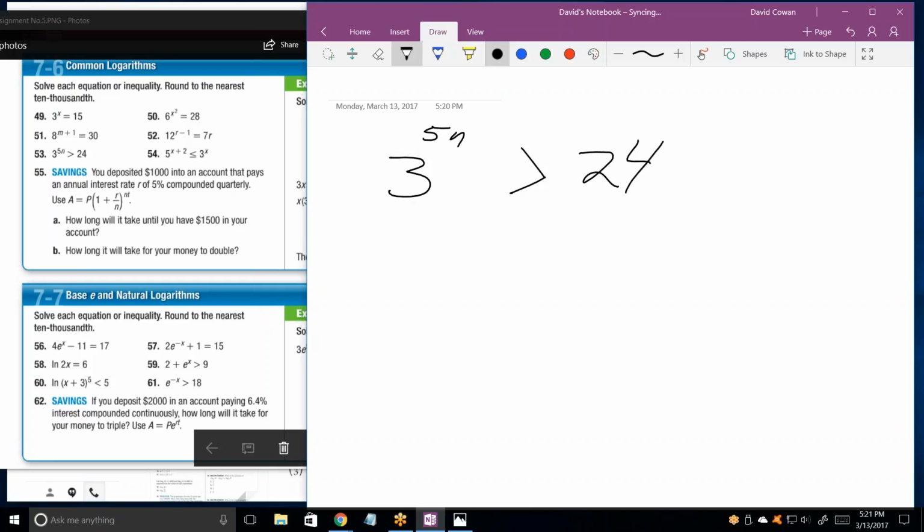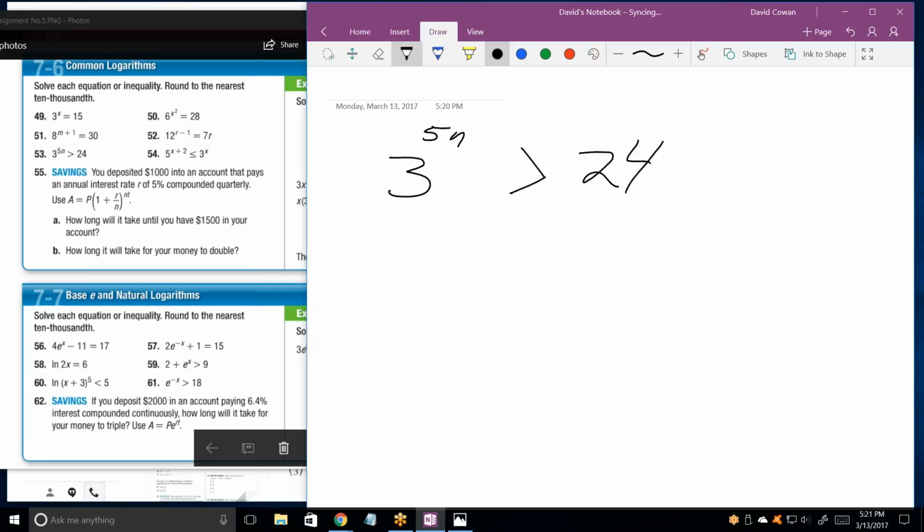Would we take 3 and put it in as a factor for both? No, when you're dealing with factors, this is an exponential inequality, meaning the variable's in the exponent. When your variable's in the exponent, then you're not looking for factors of the base.